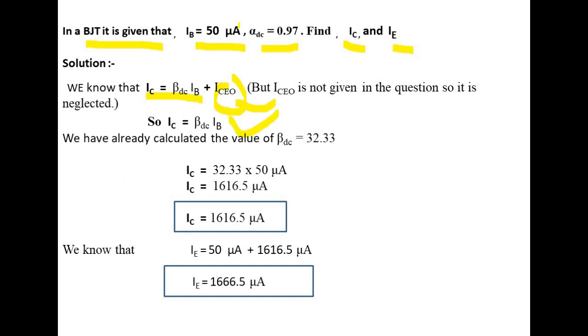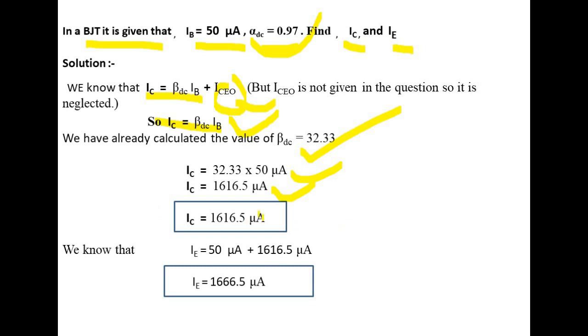And if alpha DC is 0.97, we have got beta DC equal to 32.33 that we have already calculated. So putting this value of beta DC and IB in the equation, we get IC is equal to 32.33 into 50 microampere, that is IC is equal to 1616.5 microampere.